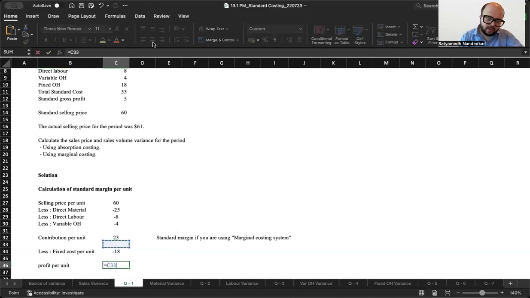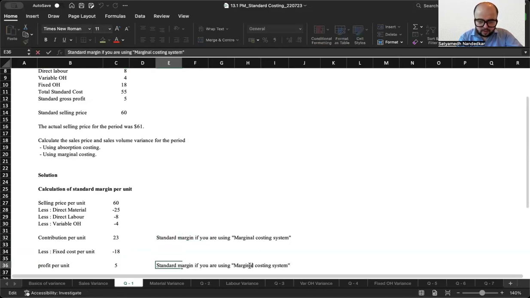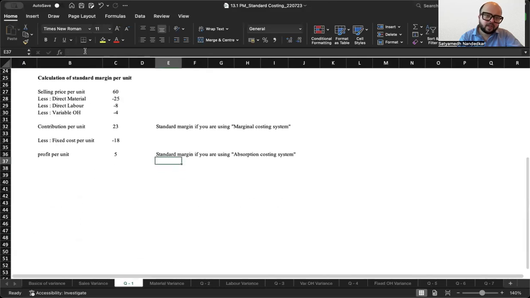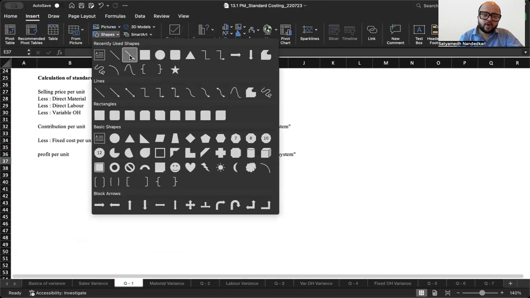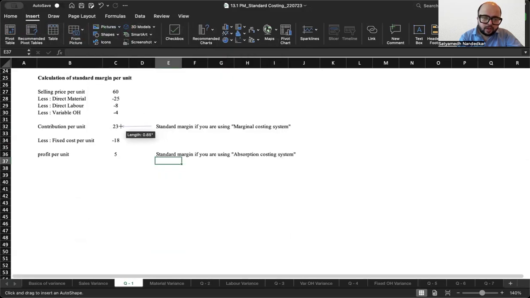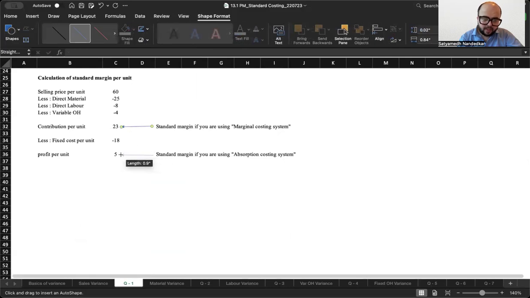Profit per unit is how much? 23 minus 18, which is 5. This is my standard margin if I am using the absorption costing system. Okay. So now you have the two important ingredients that you would require to calculate the sales volume variance.